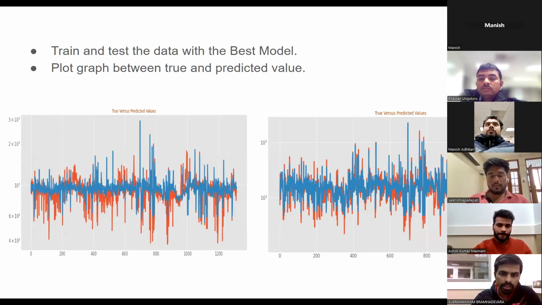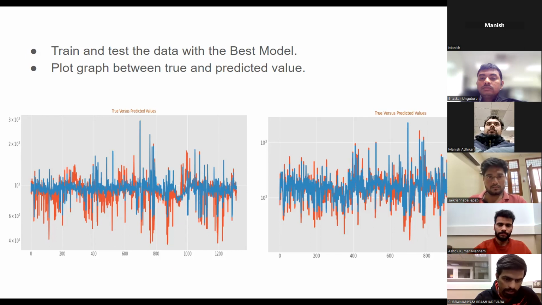Yeah. After getting the best model, we'll test the data with the best model we get. After that, we'll plot the graph between true and predicted value, that is, actual and predicted value. These two plots are for total solids and SS.